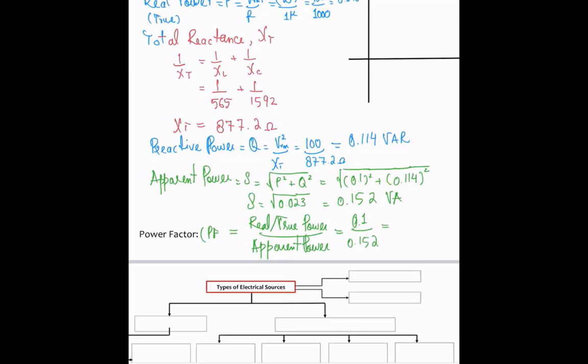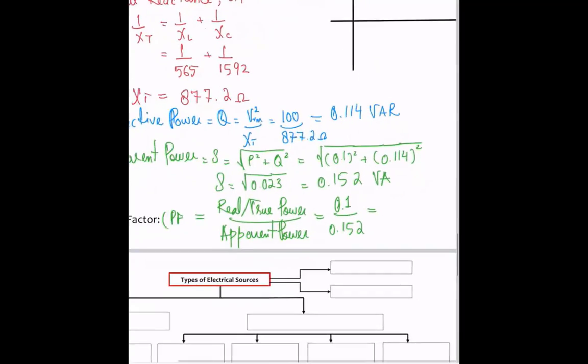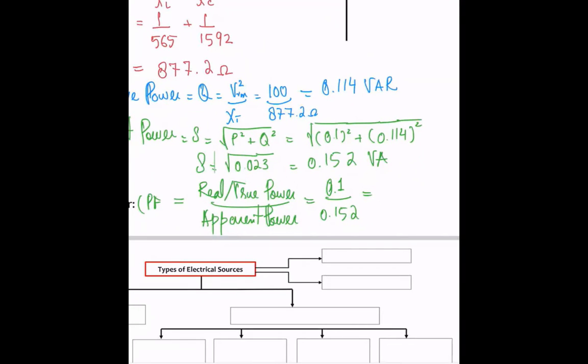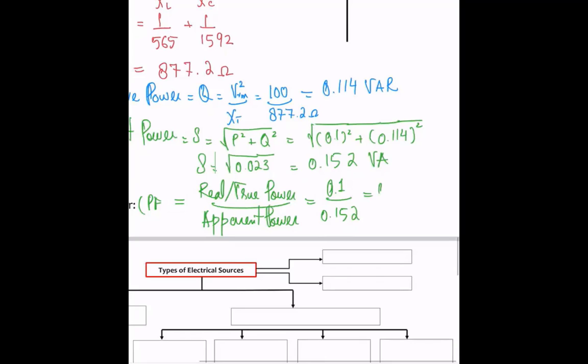Now somebody needs to do the math here for me. How much is 0.1 divided by 0.152? How much do you get? It's 0.657.